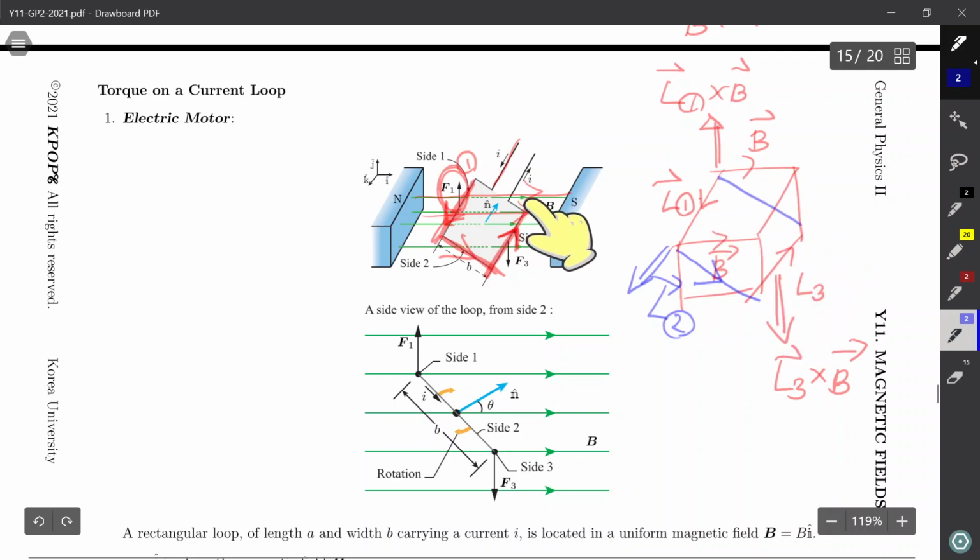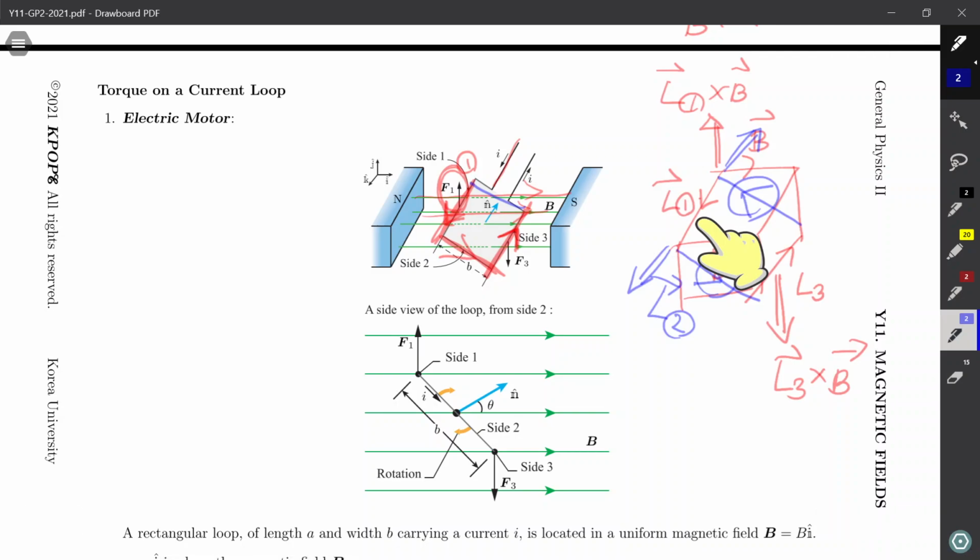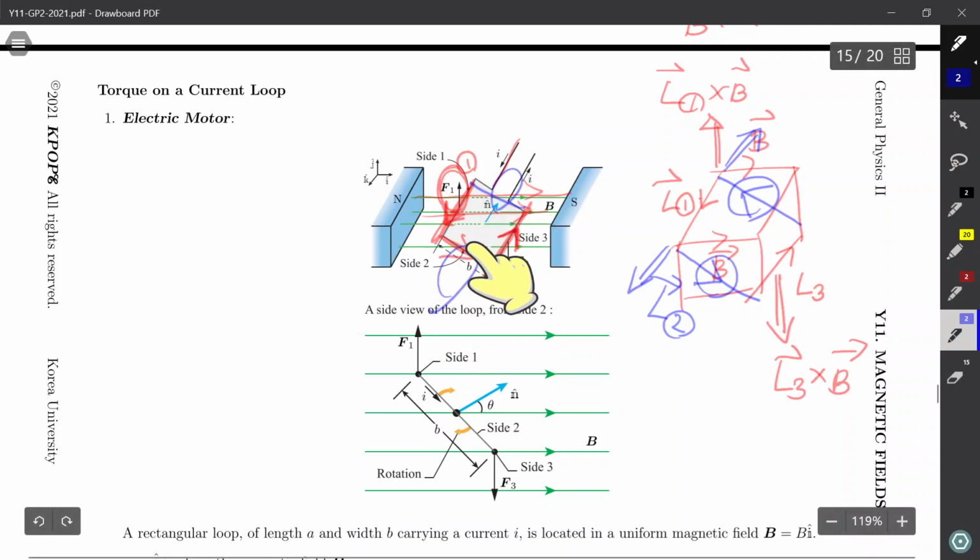However, the other side has some force. The magnetic field is the same, but the force is opposite because the direction of the current is opposite. So these two forces cancel. These two forces cancel too. However, these two forces exert a torque.